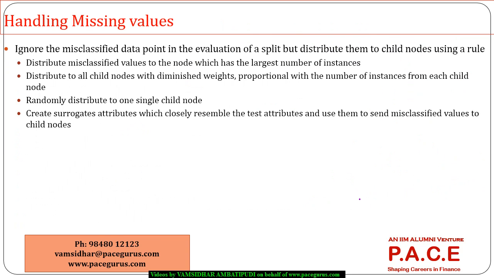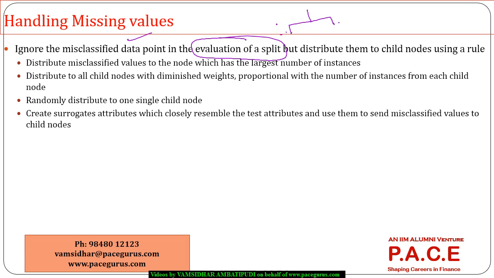Now, in some cases, there is a possibility that the data that we have collected may have some missing values. Generally, the majority of these tree models ignore the missing data point, especially when they are evaluating a split, when I have to decide to which group a particular data point needs to be put.